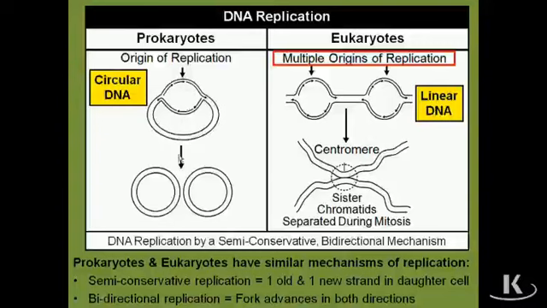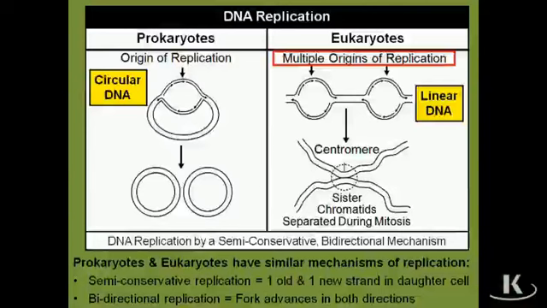And of course, at the end of replication, you see two circular genomes from the prokaryote, whereas at the end of replication in eukaryotes, what you end up with are sister chromatids. You'll review this when you look at medical genetics, but sister chromatids are what you get when a single double-stranded DNA molecule duplicates itself.